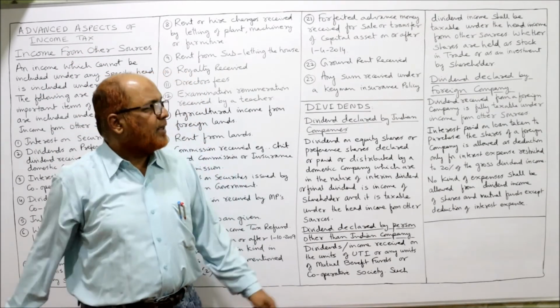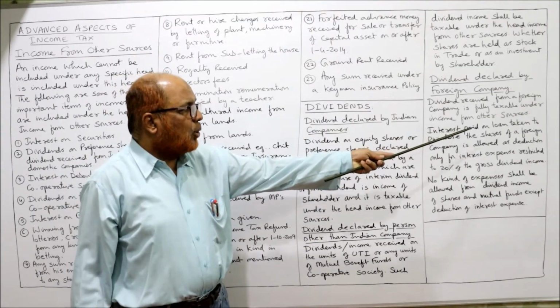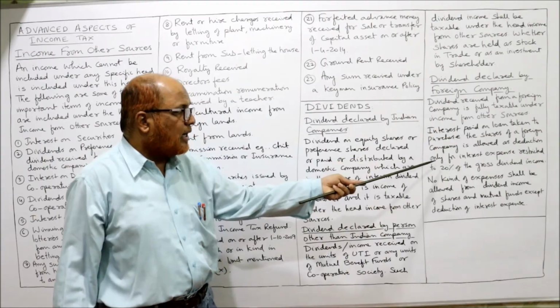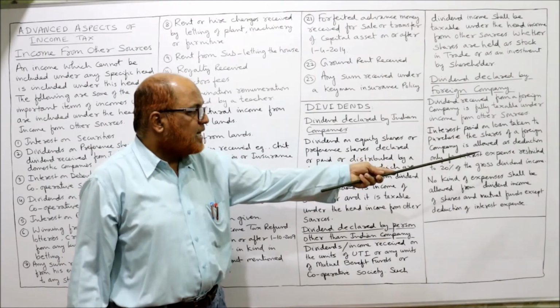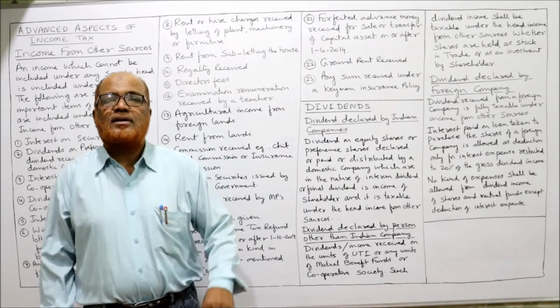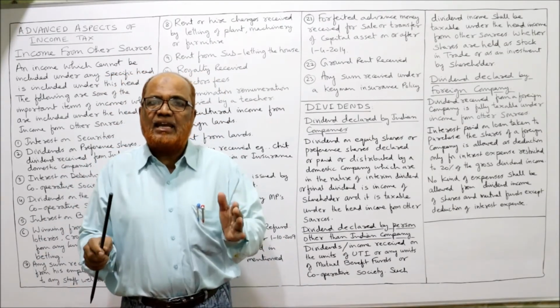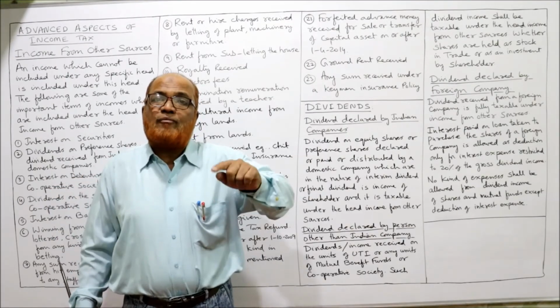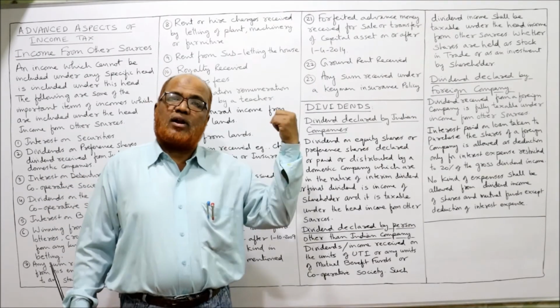Secondly, interest paid on a loan taken to purchase the shares of a foreign company is allowed as deduction, but only for interest expense, restricted up to 20% of gross dividend income. Sometimes an investor will take a loan for the purpose of buying the shares of a foreign company.